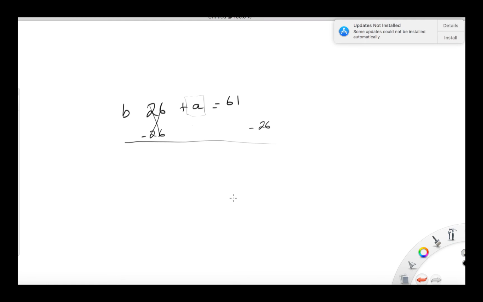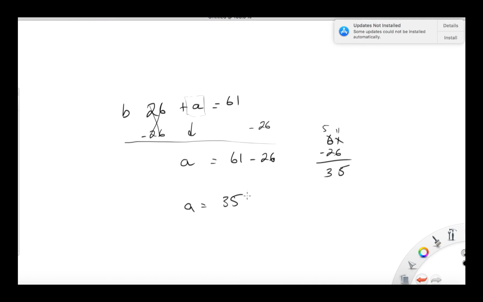This cancels out. I'm left with a equals 61 minus 26. 61 minus 26. I'm going to borrow, right? So 11 minus 6 is 5. 5 minus 2 is 3. So a equals 35. Now you might say, okay, but how do you know?